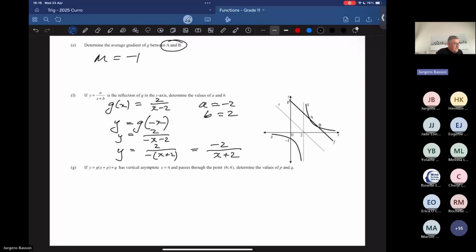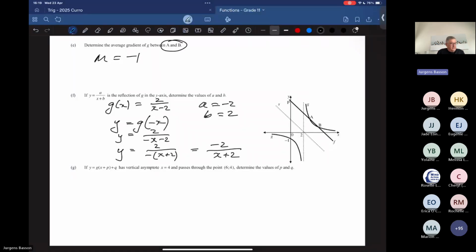If you look at g, that's quite an interesting little question. I say here that if y is equal to g of (x plus p) plus q has vertical asymptote x equal to 4 and passes through the point (6, 4), determine the values of p and q.